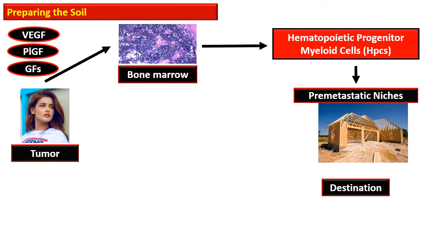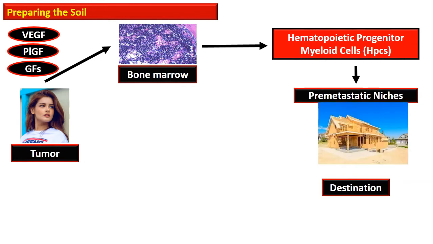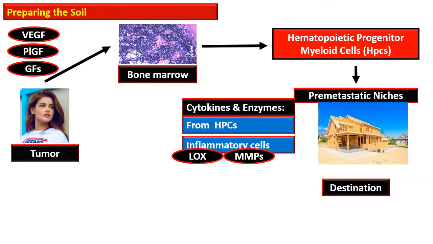These hematopoietic progenitor myeloid cells are responsible for the development of the pre-metastatic niche, or the construction of this home for the tumor cells, that has started in the specific organ even before the start of local invasion of the tumor itself.